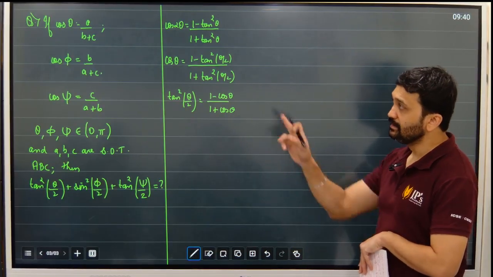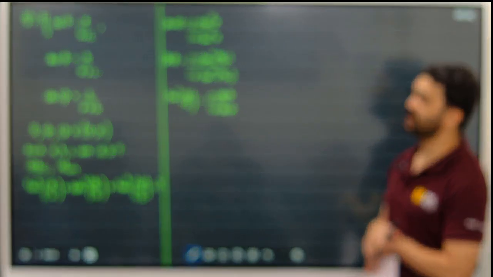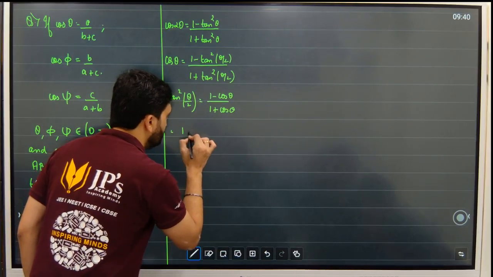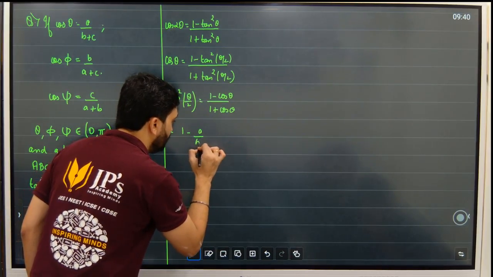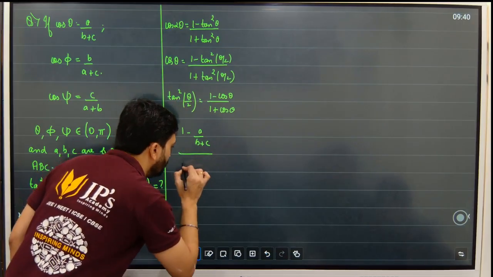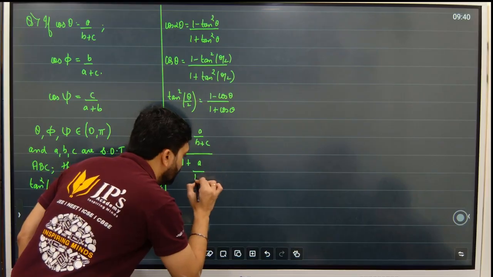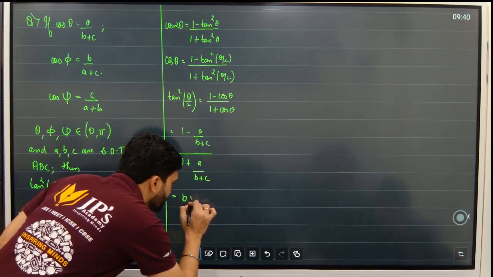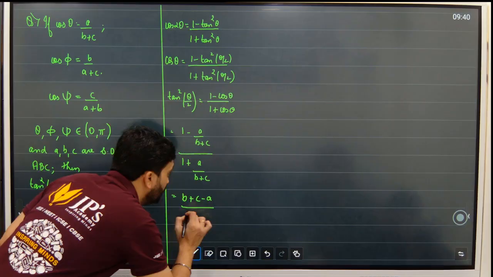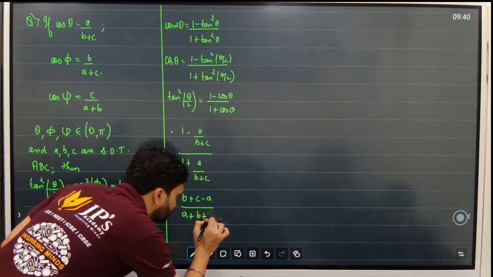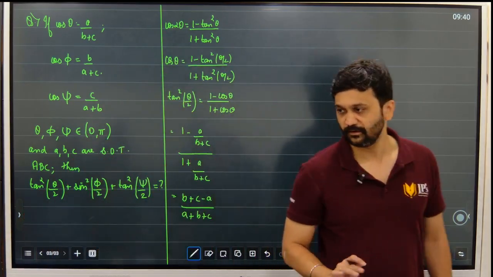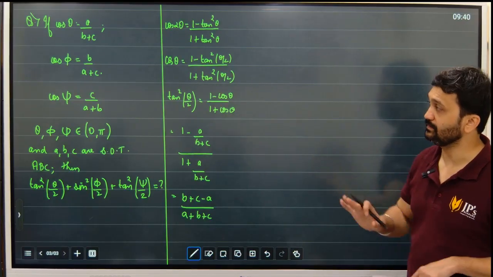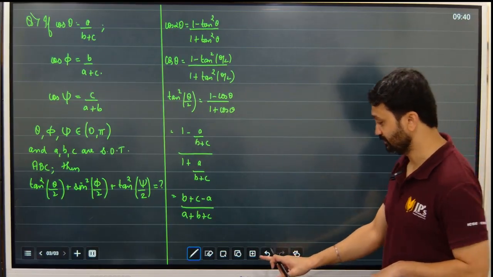And luckily, I have the value of cos theta, which is A upon B plus C. So let's simplify this, guys. 1 minus A upon B plus C upon 1 plus A upon B plus C. And after simplification, I will get B plus C minus A upon A plus B plus C. Anybody has any doubts here? Has everybody understood this?